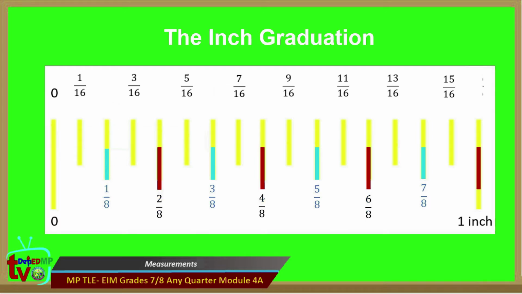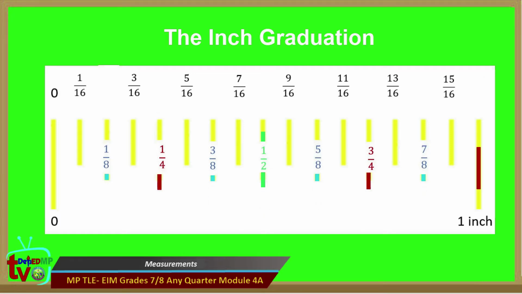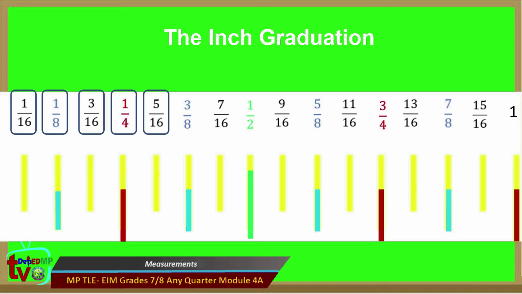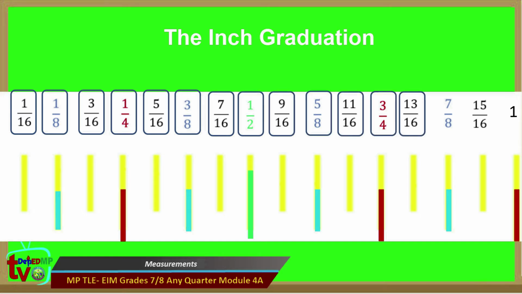Divide into 4 parts and you will have 1/4 and 3/4 of an inch, until you will have half of an inch. Finally, these are the graduations of an inch. We have 1/16, 1/8, 3/16, 1/4, 5/16, 3/8, 7/16, 1/2, and so on.